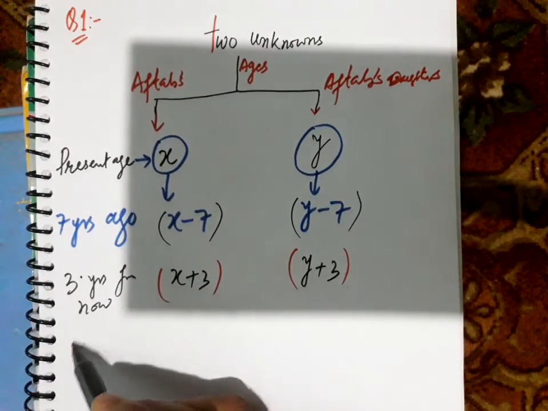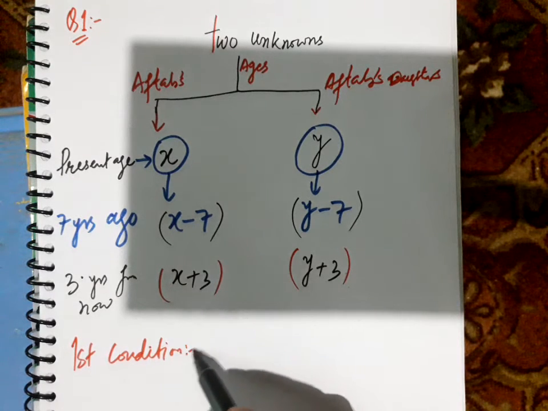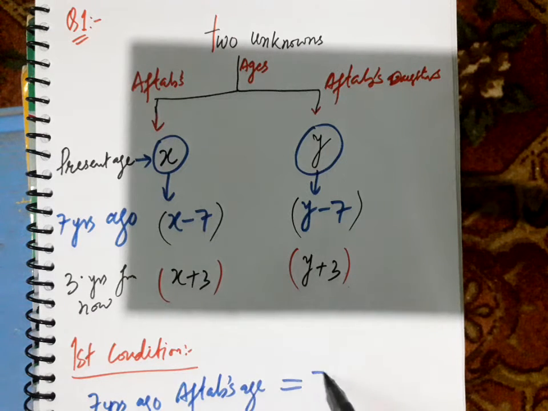Now the first condition of the question, what does that imply? The first condition is that 7 years ago, Aftab's age will be 7 times his daughter's.